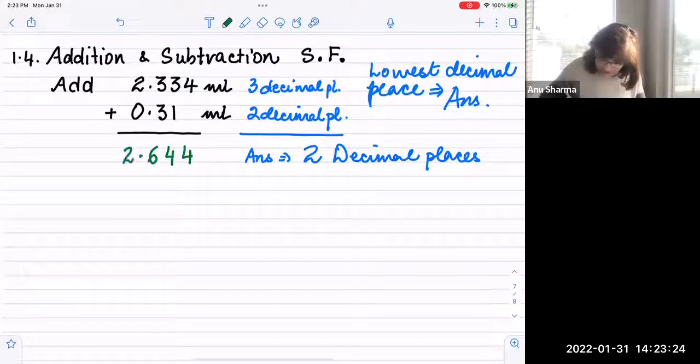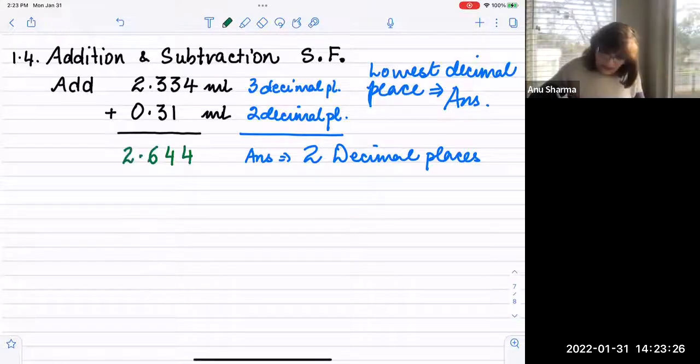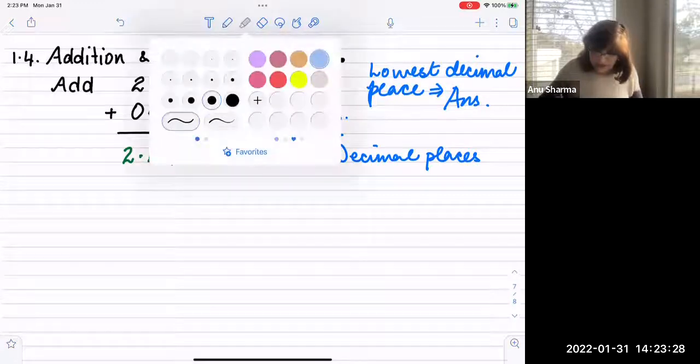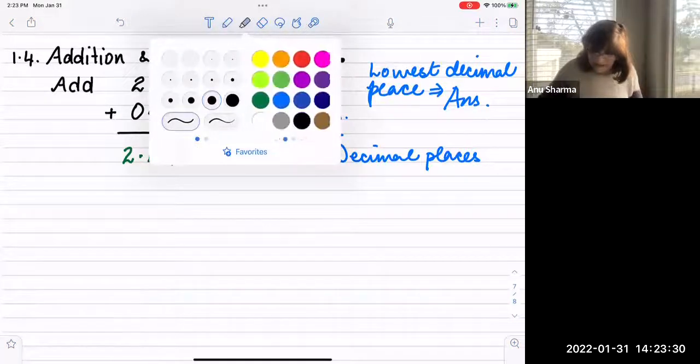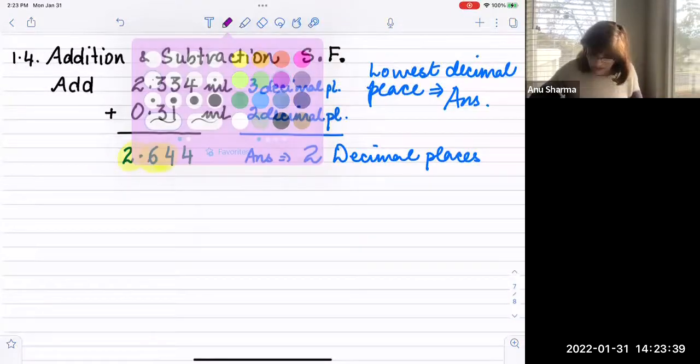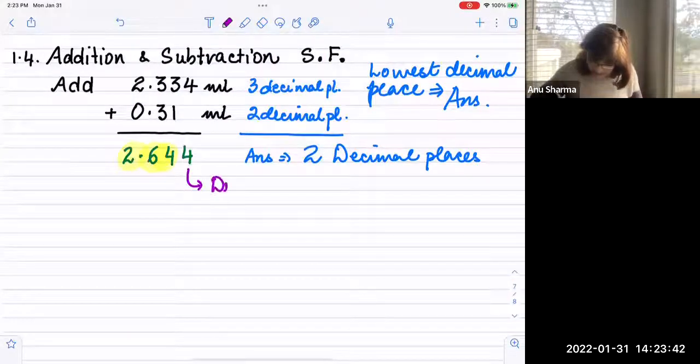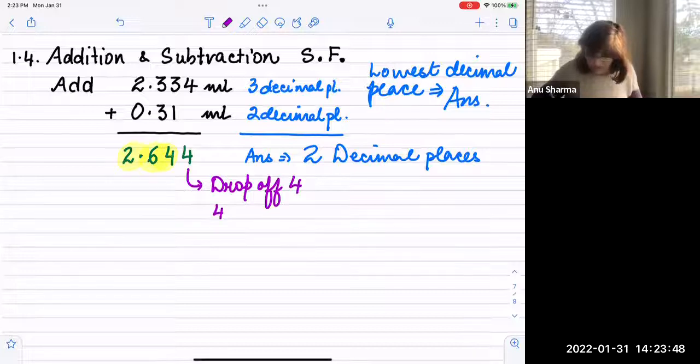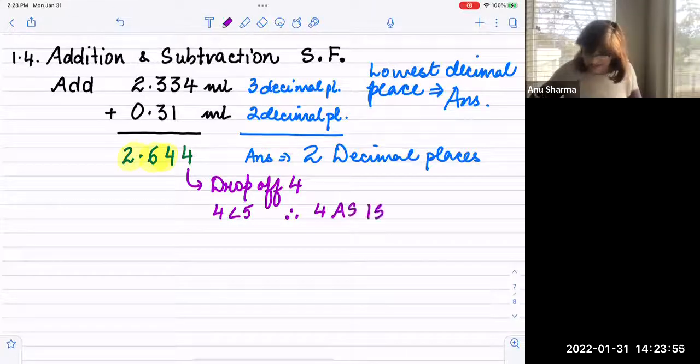But remember, in the final answer we only need 2 decimal places, so we are just going to keep these 2, and the 4 needs to be dropped off. Because 4 is less than 5, the retained digit remains as is.